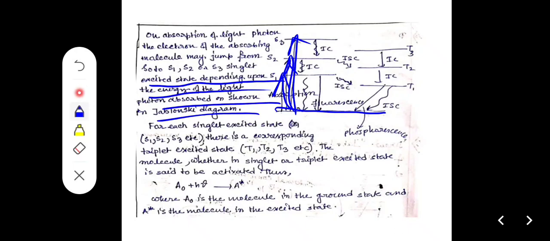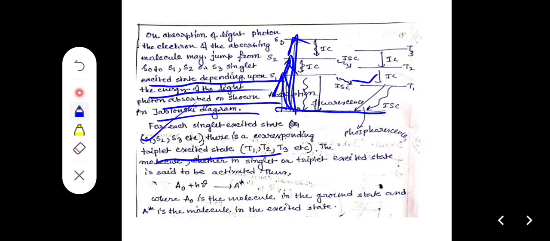For each singlet excited state, that is S1, S2, S3, there is a corresponding triplet excited state, that is T1, T2, T3. For S3 we get T3, for S2 we get T2, for S1 we get T1. For each singlet excited state we get the same number of triplet excited states.